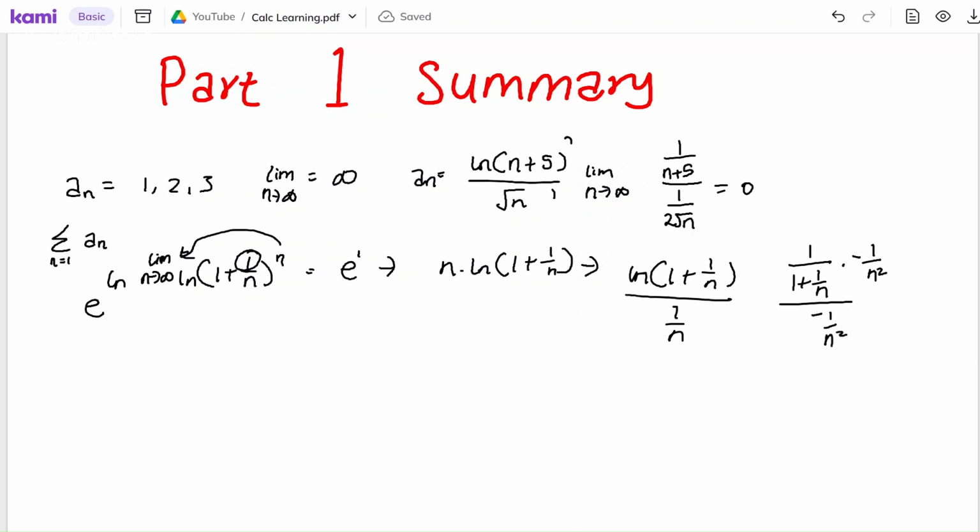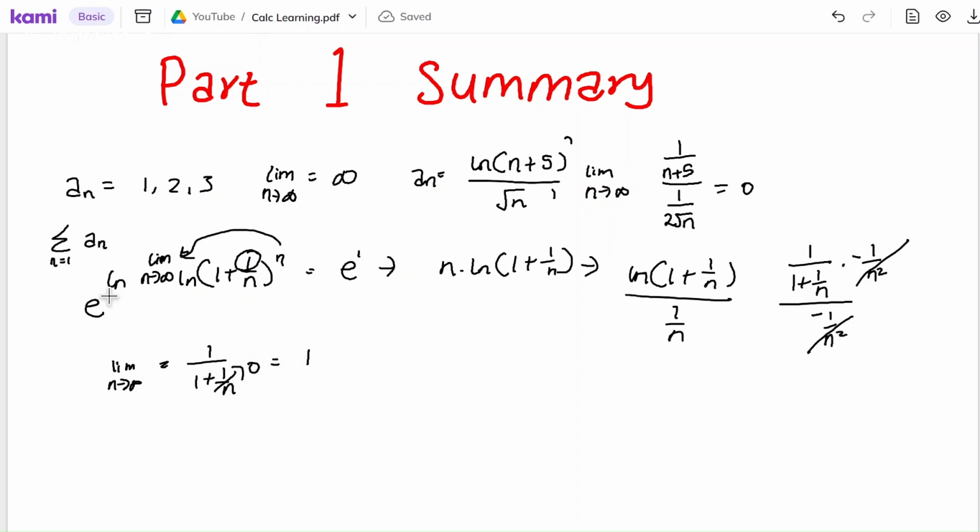So they cancel out, and you're left with 1 over 1 plus 1 over n as the limit goes to infinity, and then this goes to 0. So you're just left with 1.